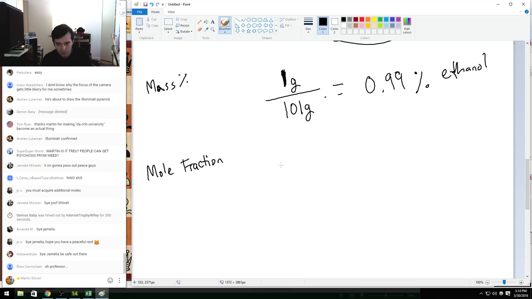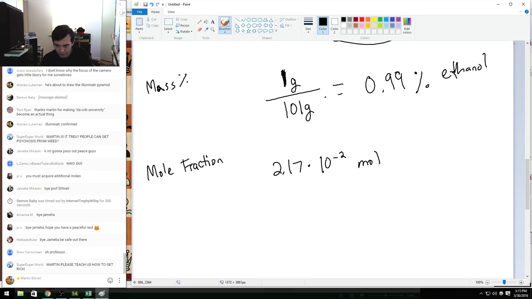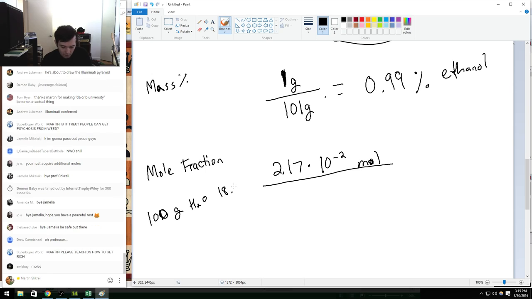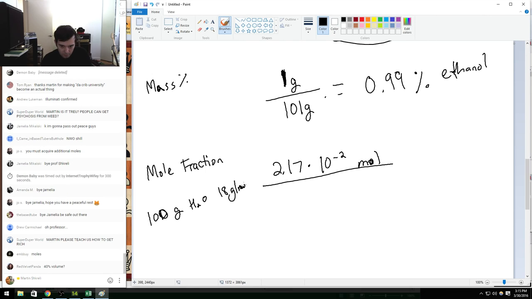How about mole fraction? Well, let's see. We've got 2.17 times 10 to the negative second moles of ethanol. We calculated that. How about water? It was 100 grams of water, if I recall, and water weighs 18 grams per mole. So if we have 100 grams of water, we have more than 1 mole.